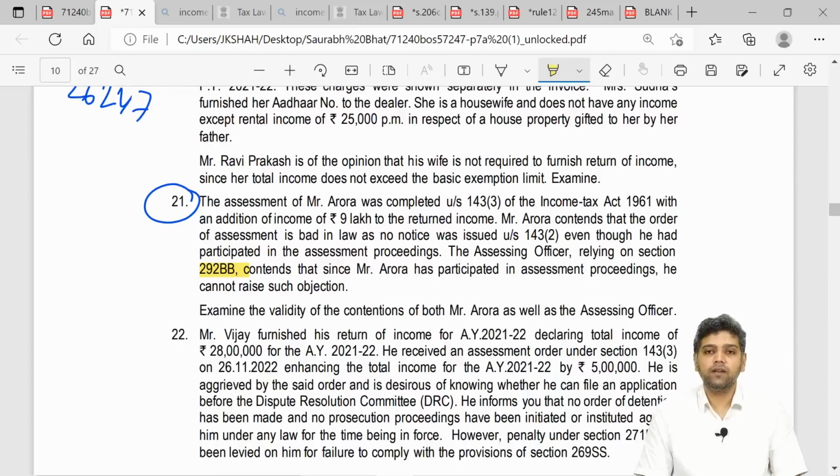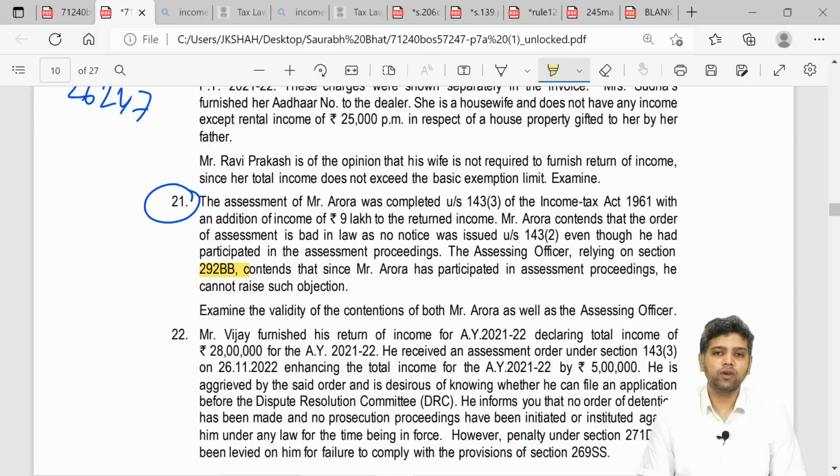Now friends, if you remember, section 292BB says that if any notice is served in an improper manner, or it is served after the time limit provided in the Act. What is the time limit for serving notice under 143(2)? It is now 3 months from the end of year in which return is filed.